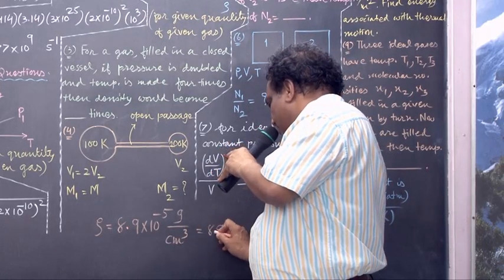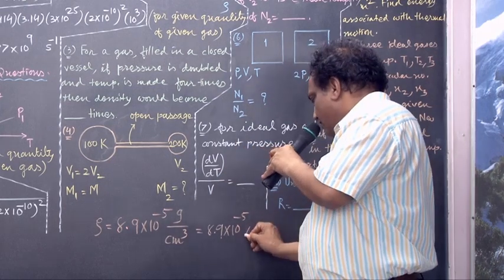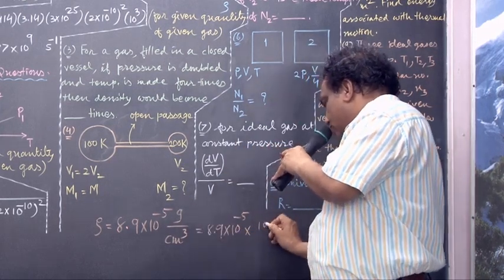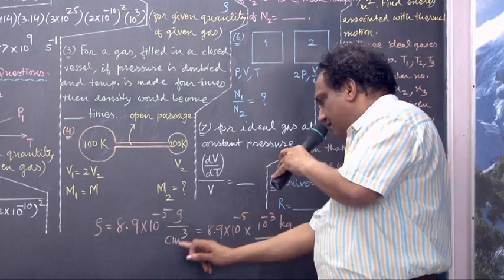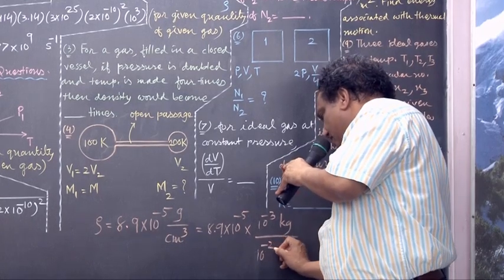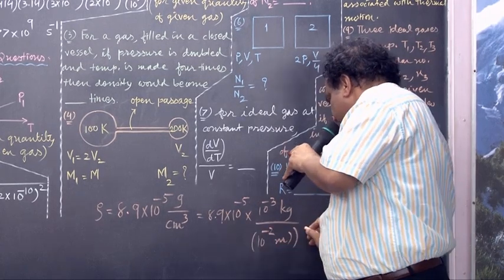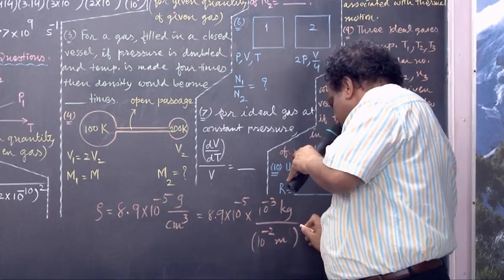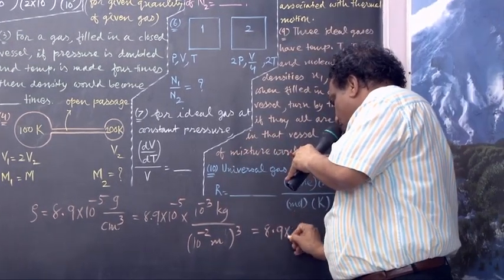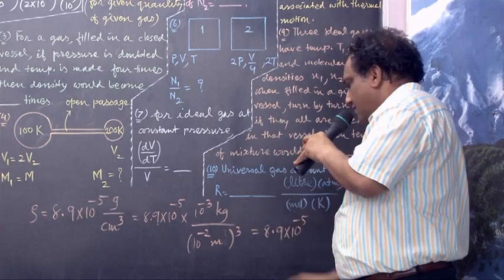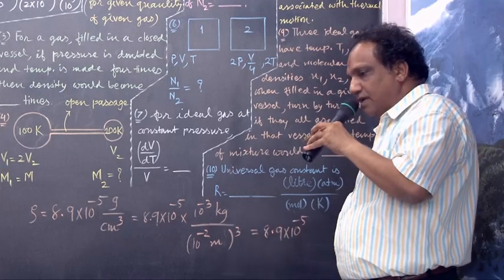8.9 into 10 raised to minus 5. Whatever is given to you, you must keep it as it is. 1 gram is how many kilogram? 10 raised to minus 3 kilogram. 1 centimeter is 10 raised to minus 2 meter, and now take the cube of it. This is 8.9 into 10 raised to minus 5 as it is, minus 2 into 3 is minus 6, going up will become plus 6.